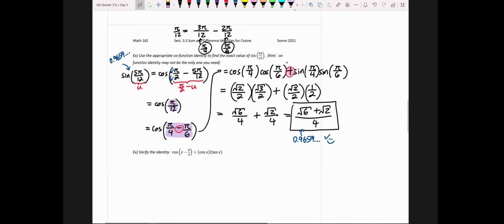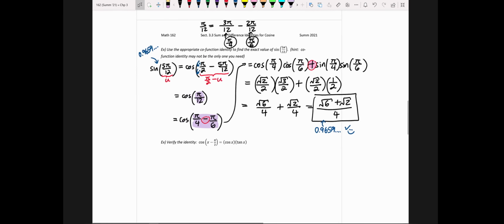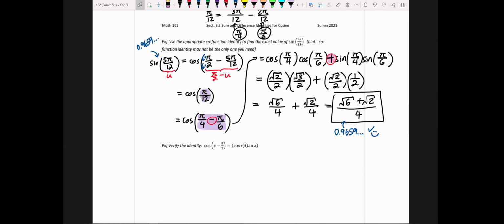Stop me if you have questions. We have 6 groups of identities so far. I'm going to list them out for us. I like to keep a running tab, and you should as well on your reference guide. We have the reciprocal identities, our tan cotan identities, Pythagorean identities, even odd identities.